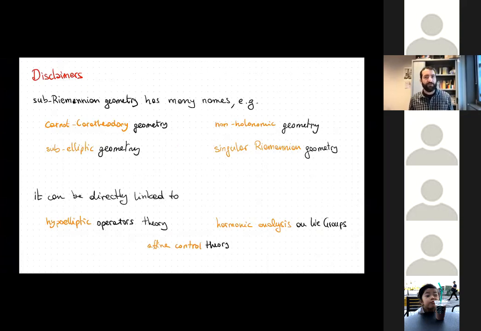So if you know about Carnot-Carathéodory geometry, which is Gromov's school of thought, if you know about subelliptic geometry, if you know about non-holonomic geometry, which is the most used term in the Russian school, for example, if you know about singular Riemannian geometry, then you already know what I'm going to talk about, at least from one specific perspective, but they are all the same thing.